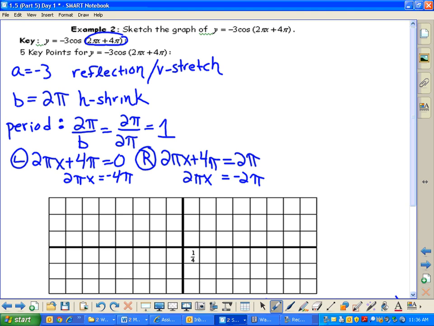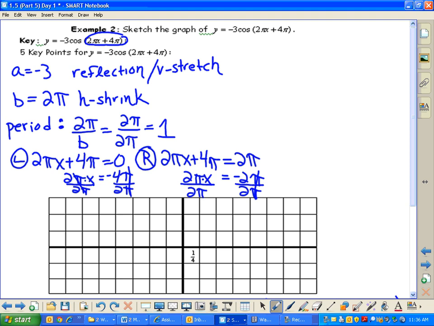And then you're going to divide both sides by, if you want to get this x by itself, you have to basically divide both sides by 2 pi. So we can see that your pi's go away on both cases.